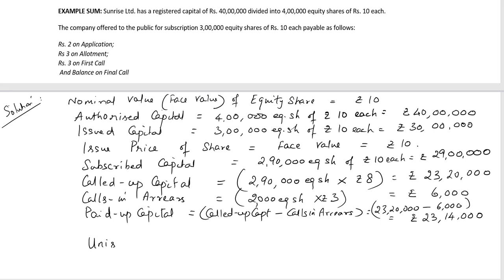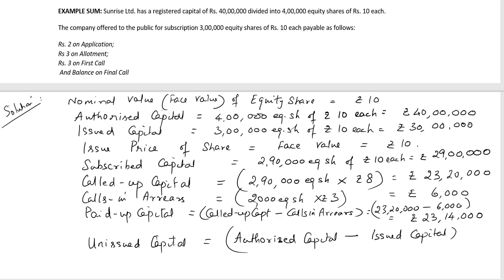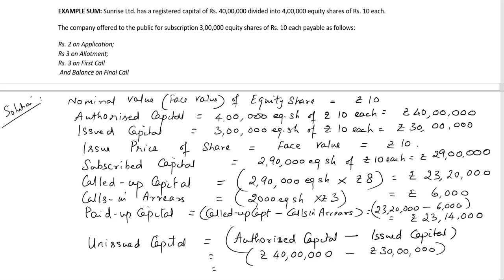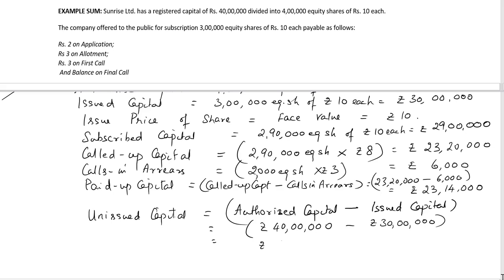Unissued capital is equal to the authorized capital minus issued capital, which is rupees 40 lakh minus rupees 30 lakh, which comes up to rupees 10 lakh.